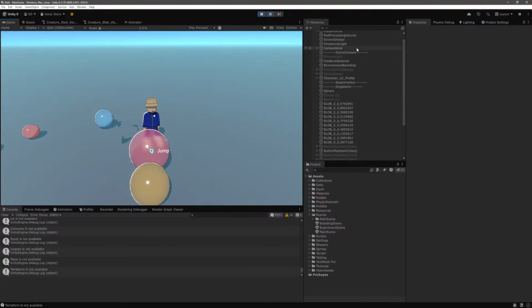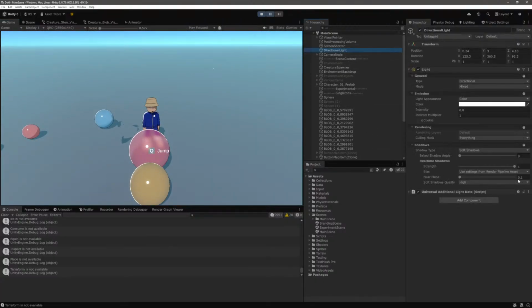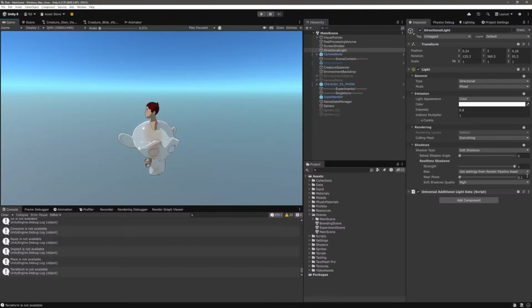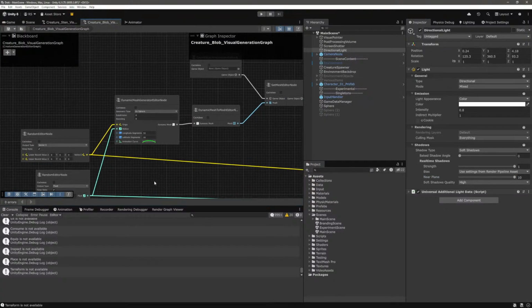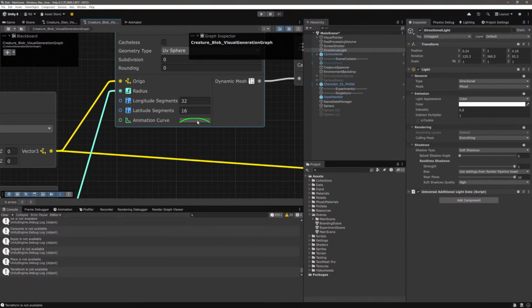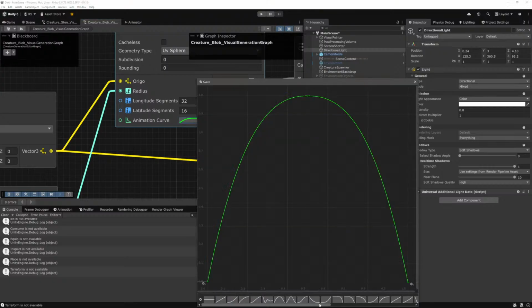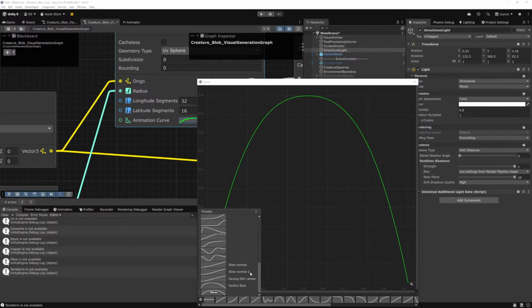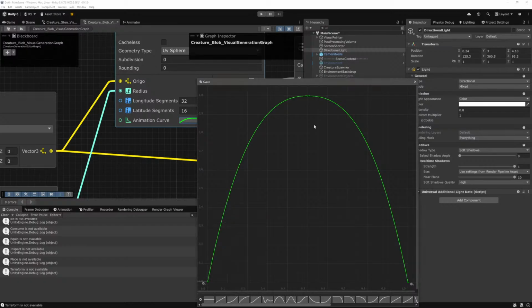Yeah, I just want to fix one more thing first here, I think there we go. Okay, so the graph for creating these blobs looks like this currently. We have an animation curve here, which pretty much decides the shape of them.